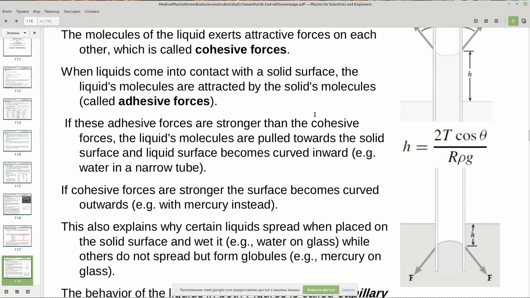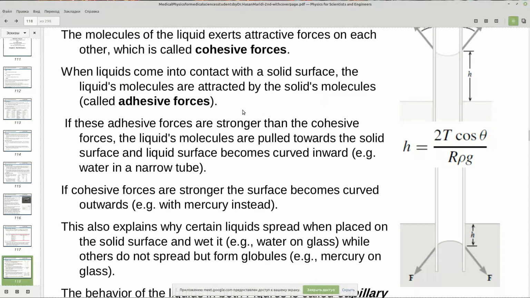Capillary action. The molecules of a liquid exert attractive forces on each other, called cohesive forces. When liquids come into contact with a solid surface, the liquid's molecules are attracted by the solid's molecules, called adhesive forces.